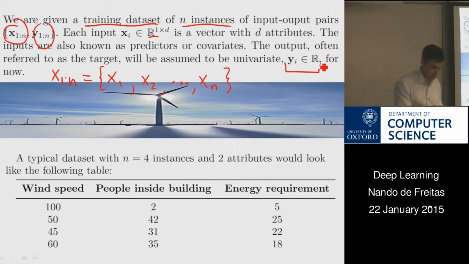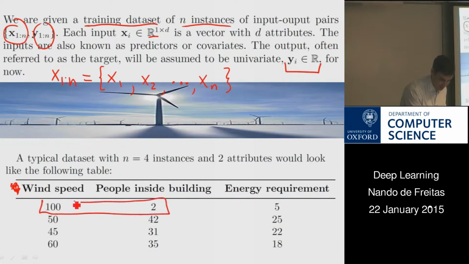So in this case, this would be x1, and this would be y1. I want my model to, given the speed of the wind measured outside by some meteorological station, and given a counter that counts by some sensor how many people have walked into this room and walked out, automatically predict what the setting of the thermostat should be, to regulate the temperature so that we're comfortable.